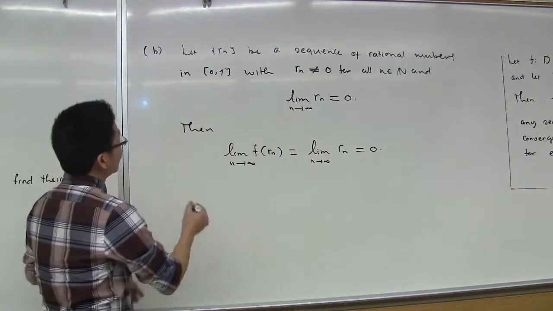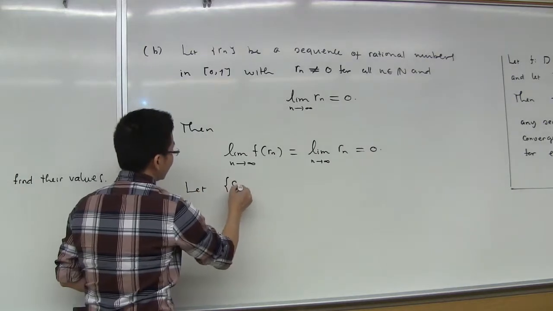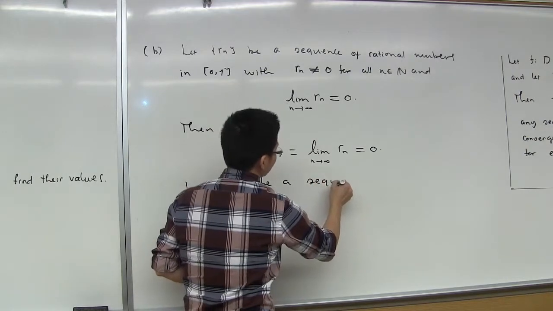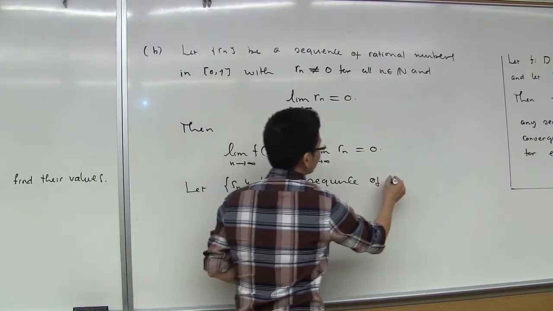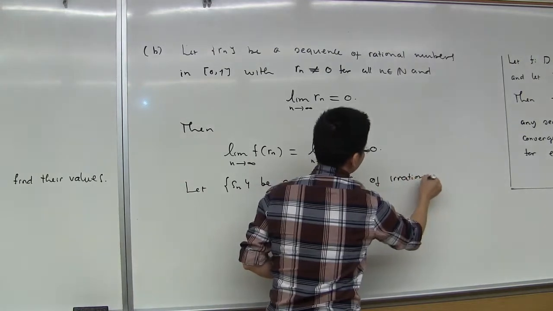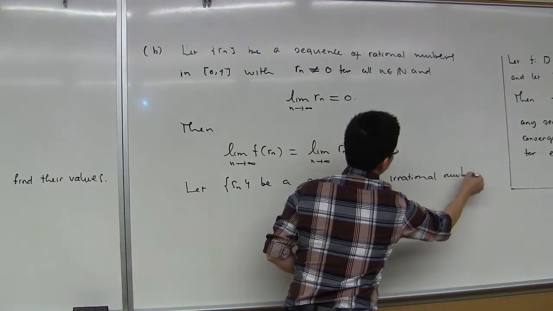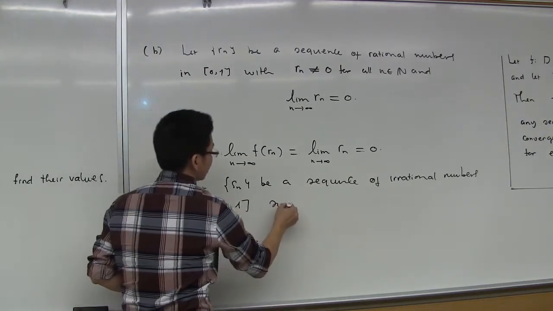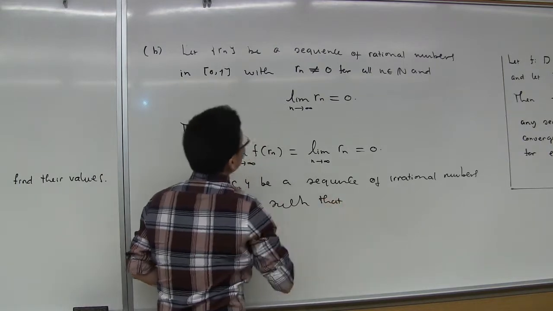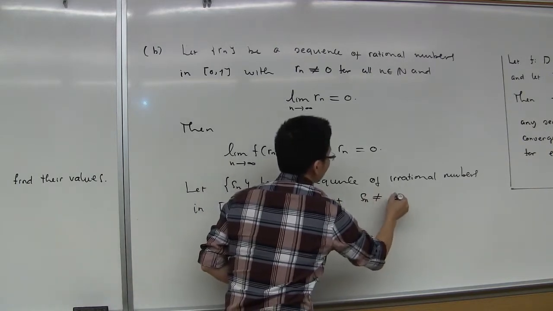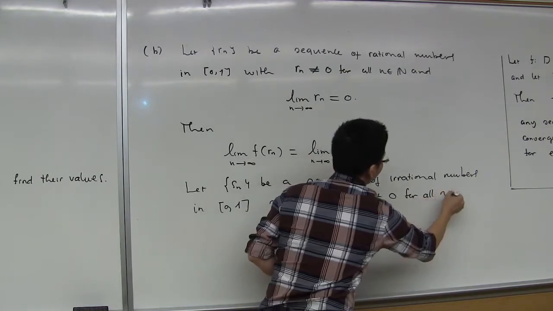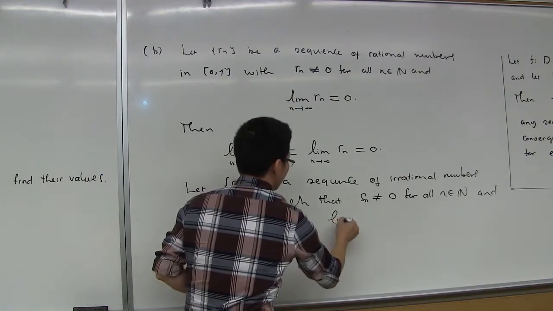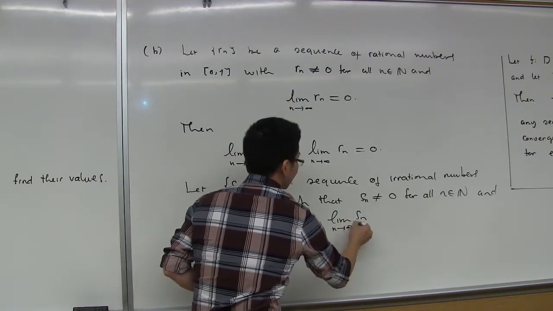Okay, now similarly, let Sn be a sequence of irrational numbers in the interval 0, 1. Sn is not equal to 0 for all n in N, and the limit of Sn as n approaches infinity is 0.